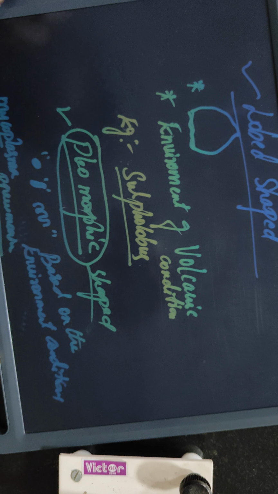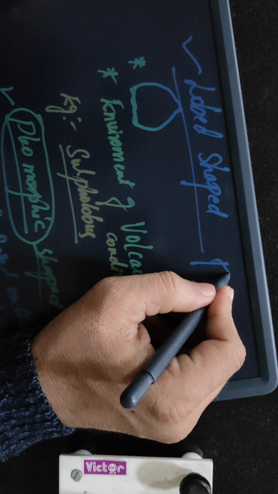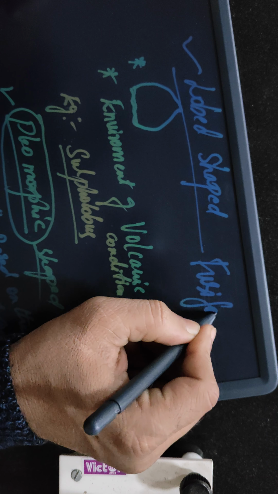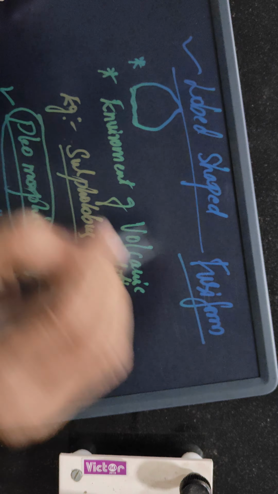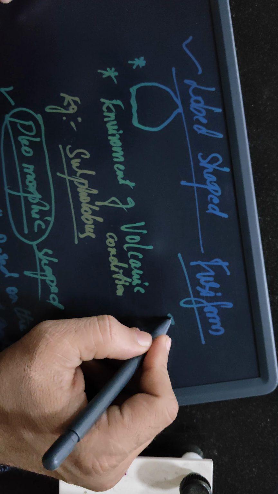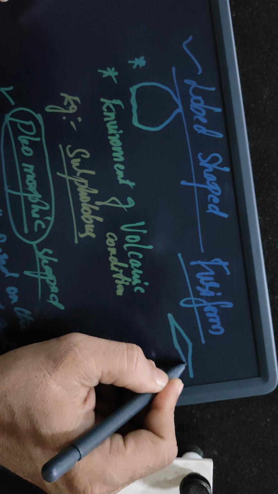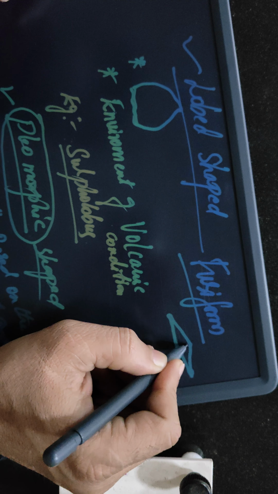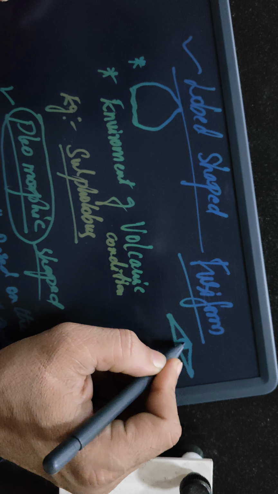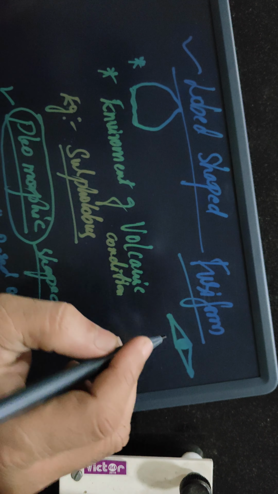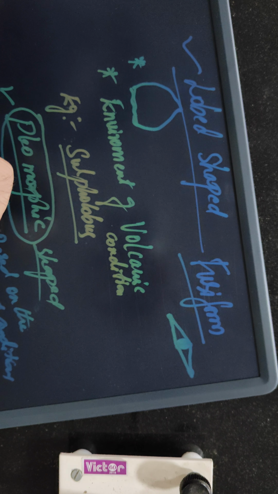You also have fusiform bacteria as well, where one end is tapered and the middle is bulged. So you also have fusiform bacteria.